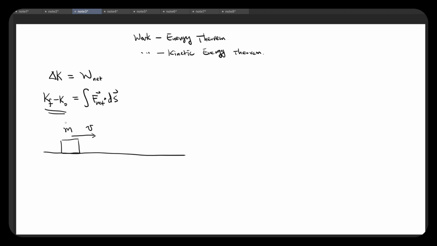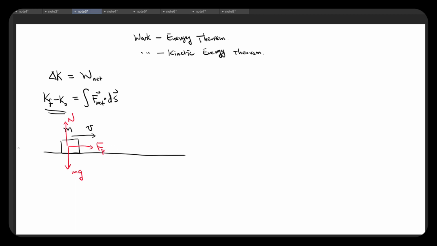There's a normal force, because it's on a horizontal ground, it experiences gravity, and we also want to push it with some pushing force, let's call it FP.